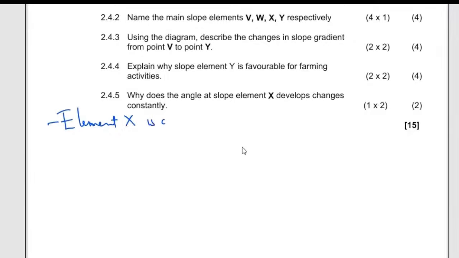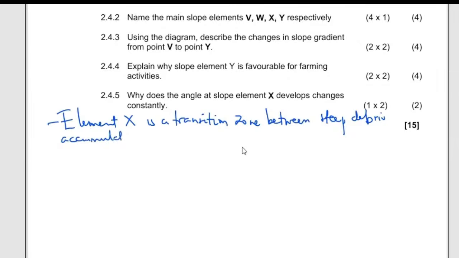is a transition zone between steep debris accumulation above and the flatter deposition below.